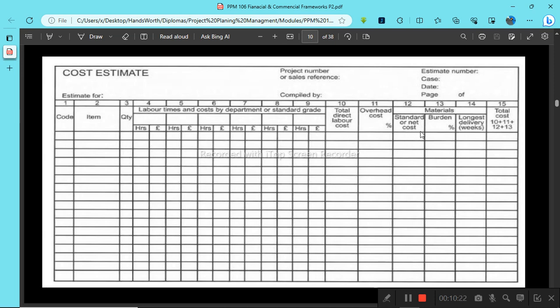We can say maybe the money that was spent on the internet, and also talk time, and so on and so forth. After you indicate those materials down here, you can also add the total cost. So here you have projected the total cost for labor, and here you have also projected the total cost for materials.